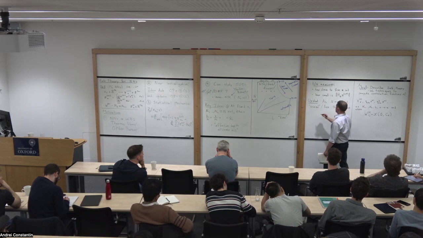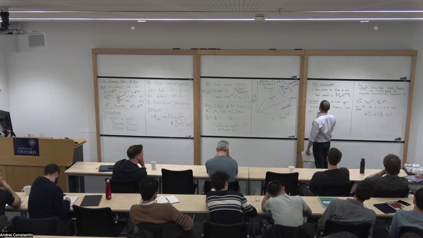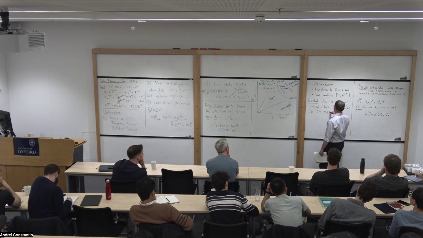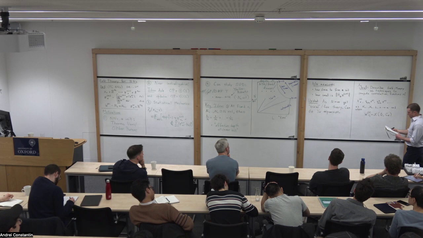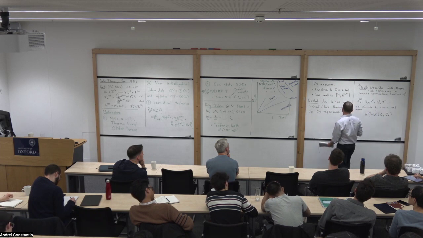So you can do, and that's what I'll show you next time, a 1 over N expansion for this theory. It's actually not that bad, although it was bad originally when I thought about it. You get a 1 over N expansion.